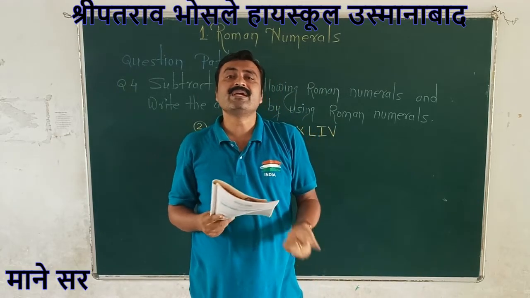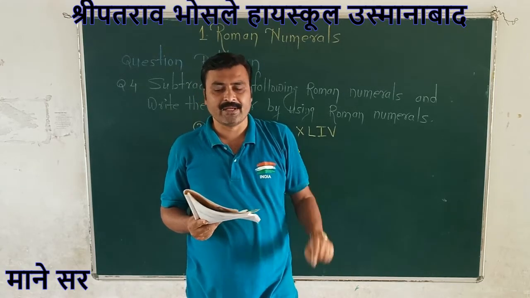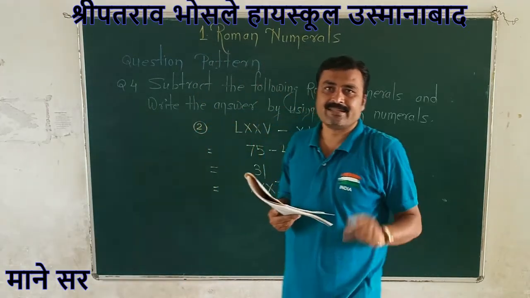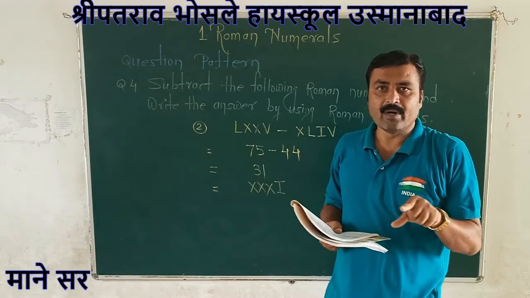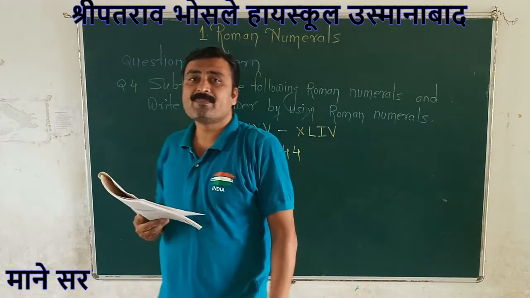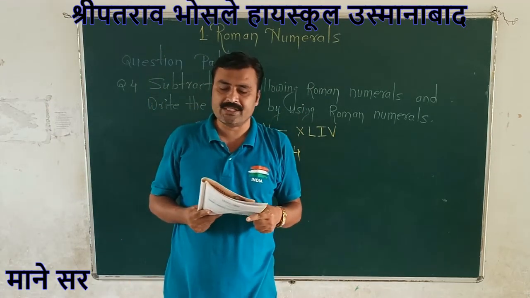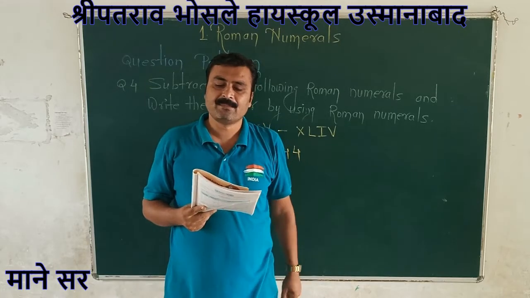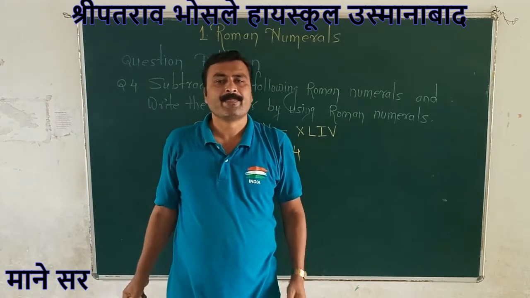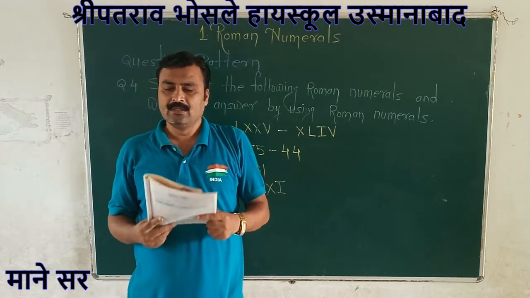Second example, VII, represents international number 7. Thereafter X represents international number 10. Fourth example, XIII, represents international number 13. Next, fifth example, XIV, represents international number 14.